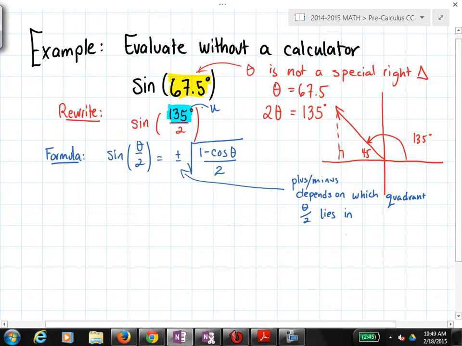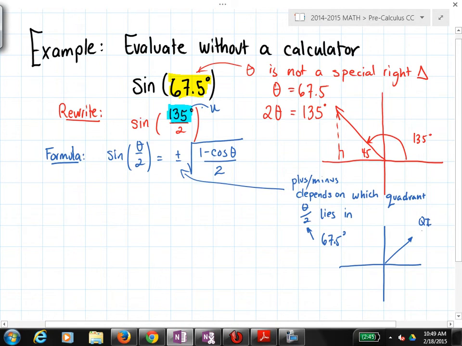And in our example, theta over 2 is 67.5. Where does 67.5 lie? Quadrant 1.